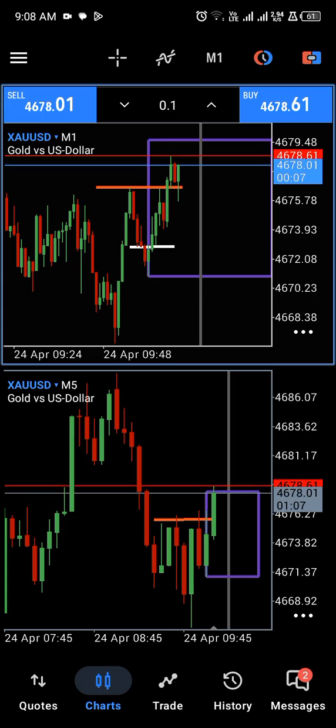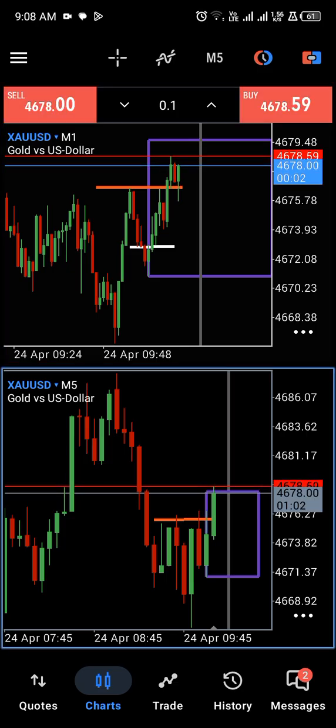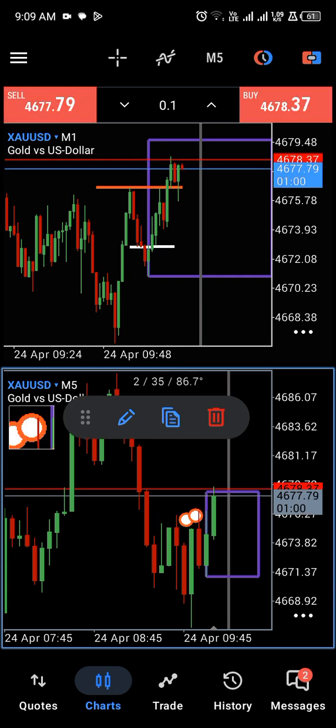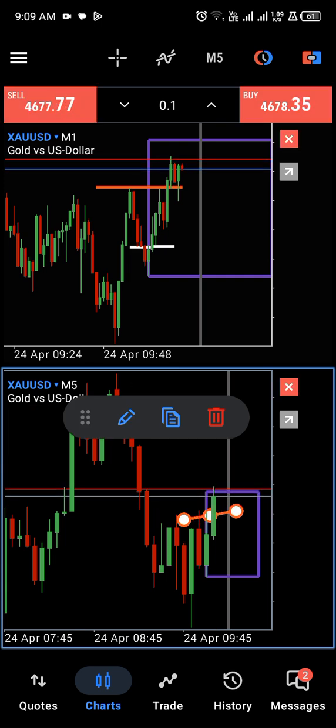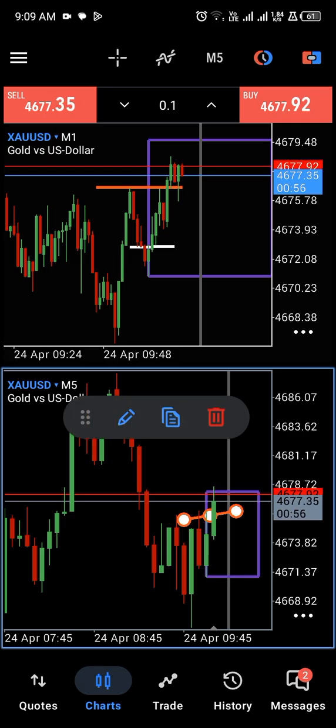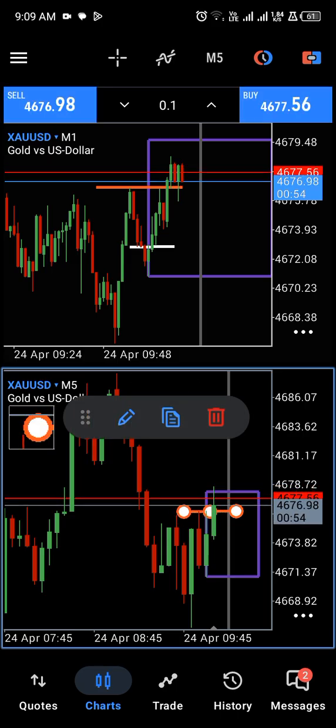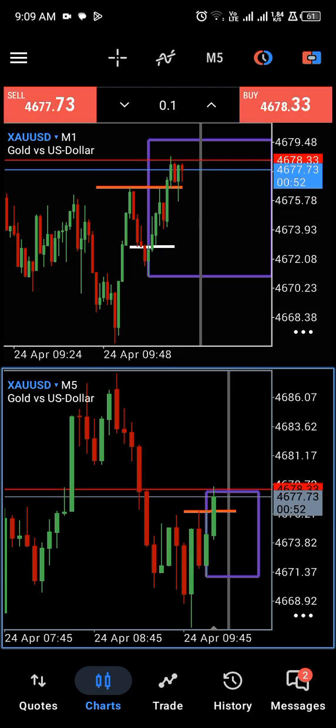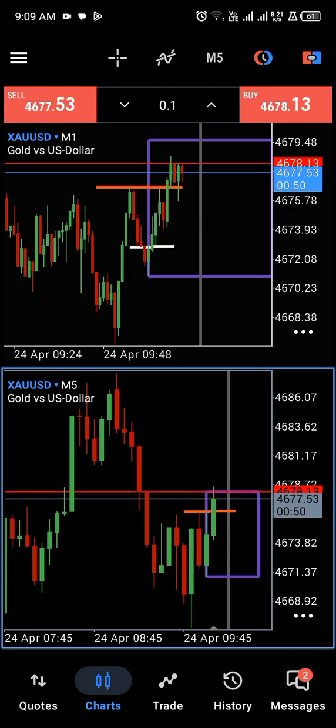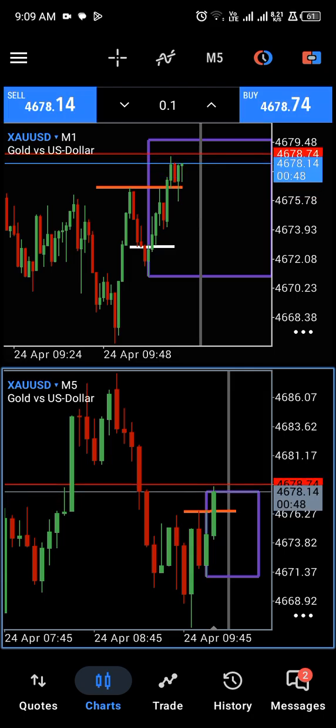So I think for now I will readjust this on the 5 minute time frame and mark my upper structure up here. For now I cannot say I'm waiting for one specific thing to happen.